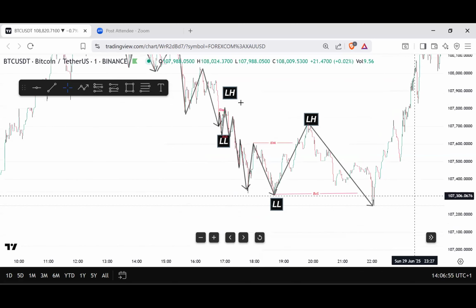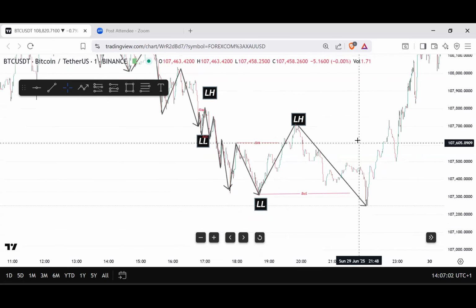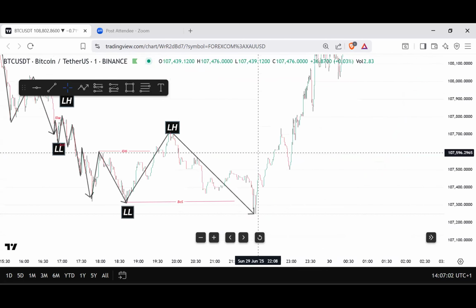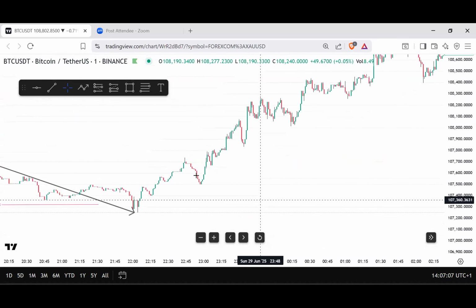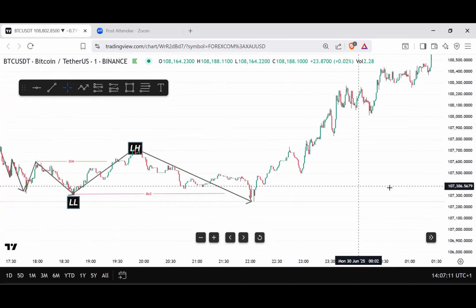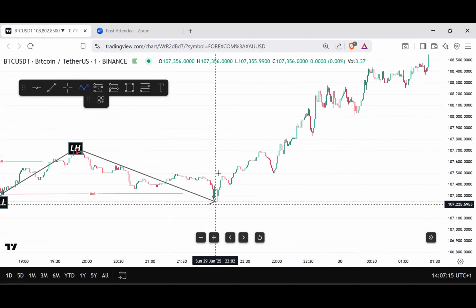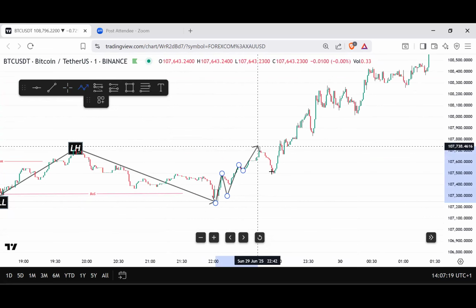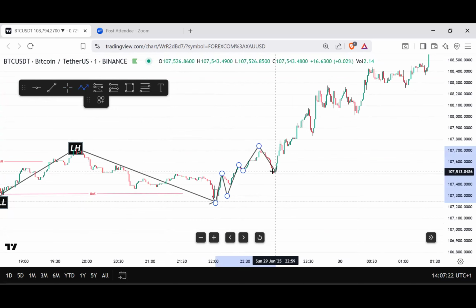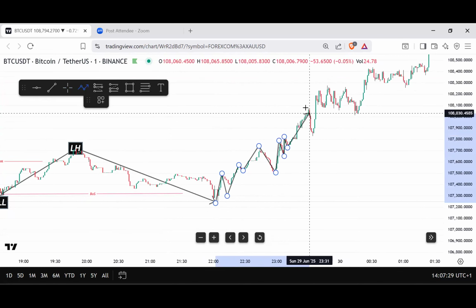So is it clear up to this point? Yes, it's clear. Now we can see what happened next. We now had an impulsive move that broke the lower high. Exactly. Okay, the correction. Another impulsive move.